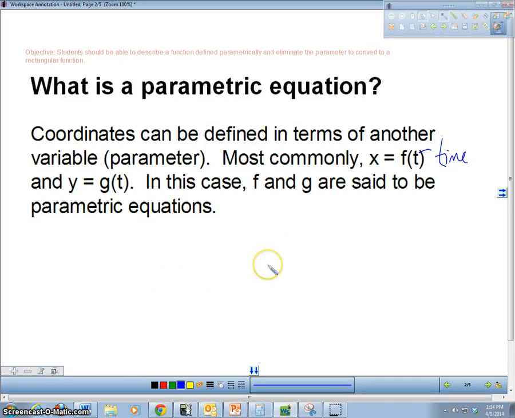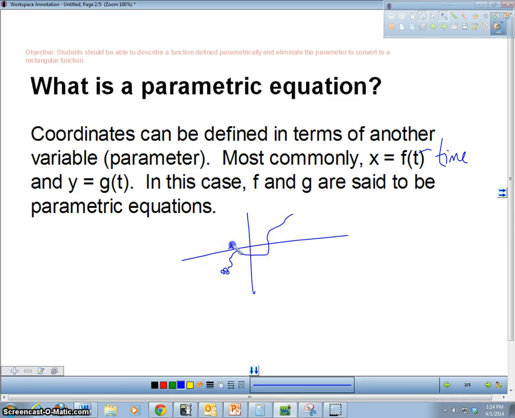It could be any type of parameter, but a classic example is when we have an x and y plane, and there's a little bug flying, zipping around in the x and y plane, and the bug is traveling in this path at some time t.